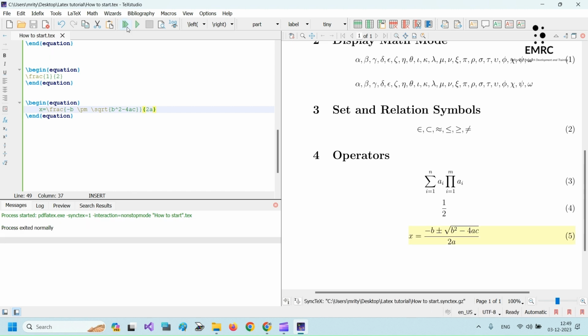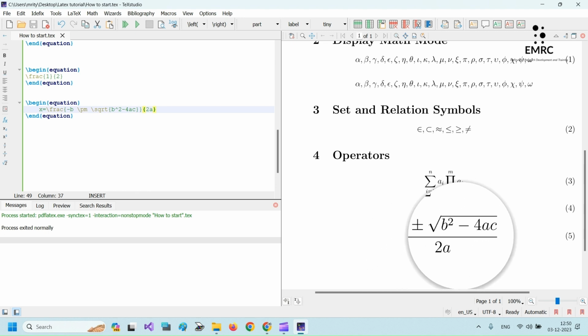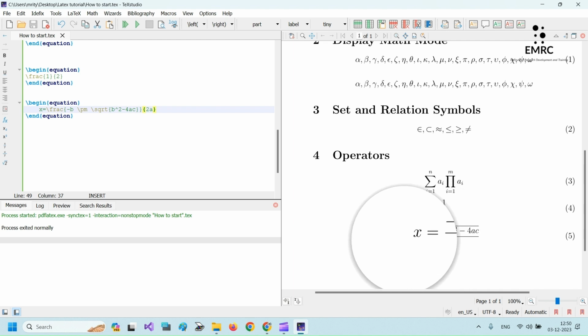Compile it, you can get this equation. x is equal to minus b plus minus square root b square minus 4ac by 2a. So we have written the Sridharacharya formula here by using the equation environment.